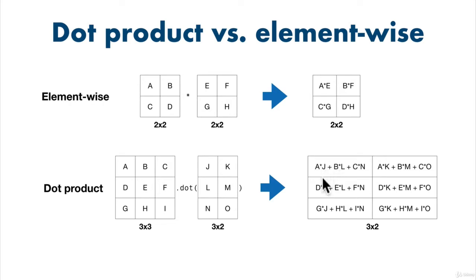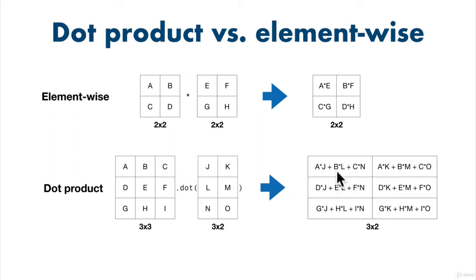And now, what is going on here? The resulting matrix is going to be 3 by 2, and we have A times J, okay, following along with that. But then we have B times L plus, okay. Then we have C times N. All right, so it's got the top row here multiplied by the first column and adding up the total.